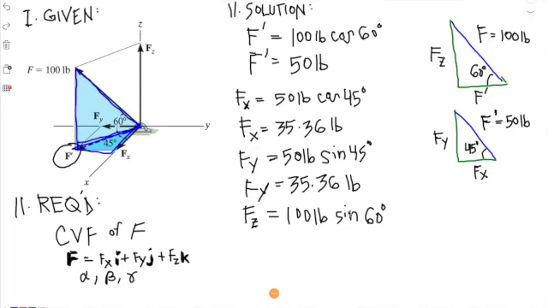And sine 60 degrees is square root of 3 over 2 times 100. That gives us 86. Fz would be equal to 86.6 approximately pounds. Don't forget your units.